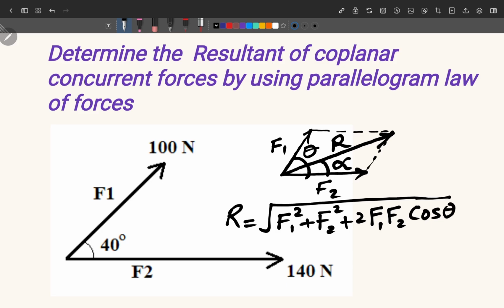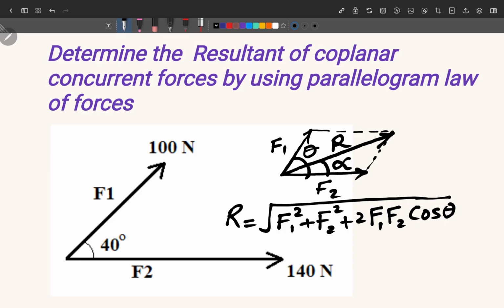It is a very simple formula. The resultant in magnitude is the square root of the squares of both forces F1 and F2 plus 2 F1 F2 cos theta, where theta is the angle between the forces.